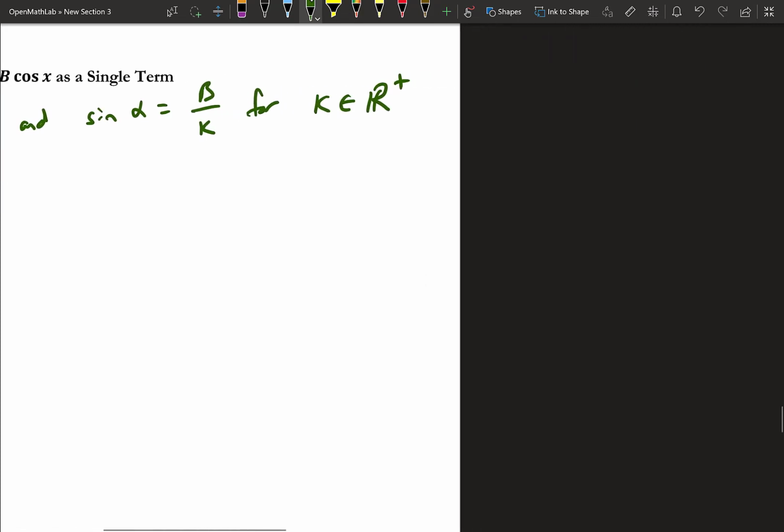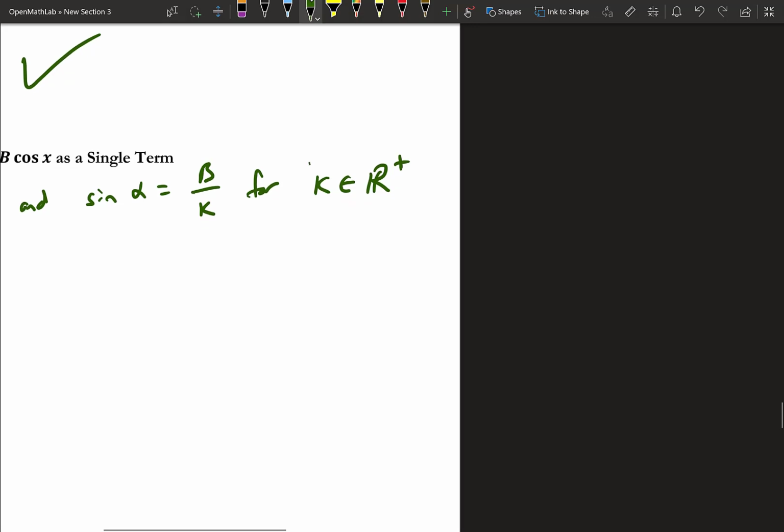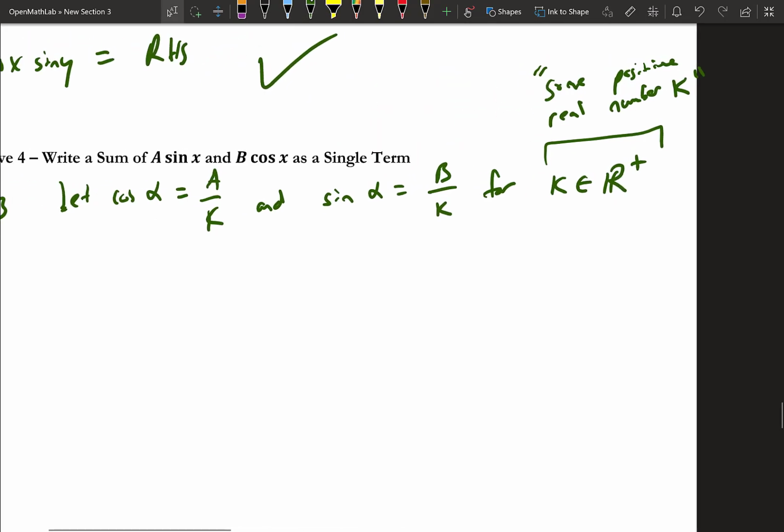This is just some shorthand for mathematics. If you don't like saying this, we could just say for some positive real number k. You could say that out in words instead of symbols.